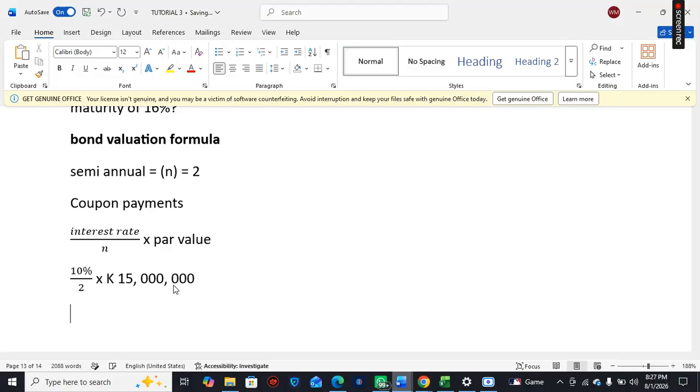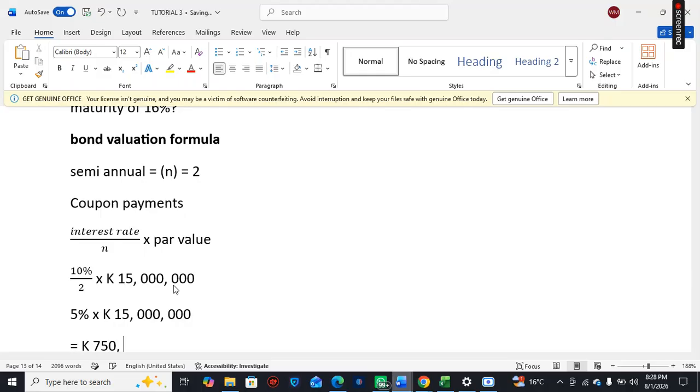So say 5% of 15 million, that is 750,000 kwacha.